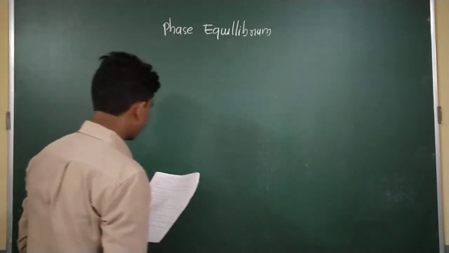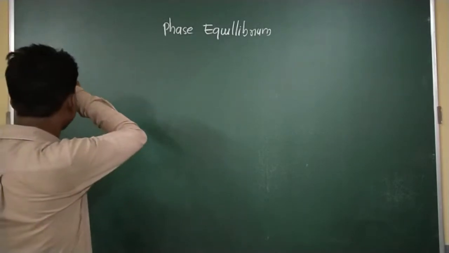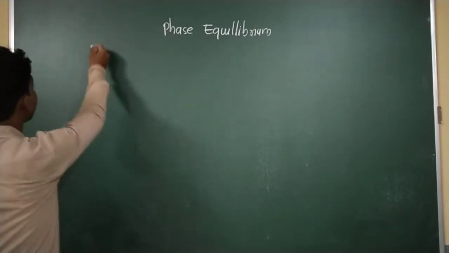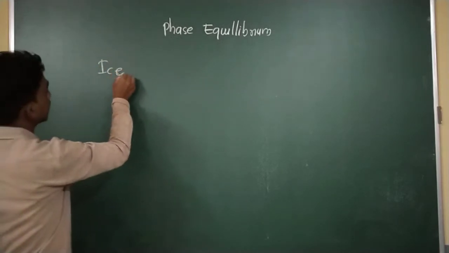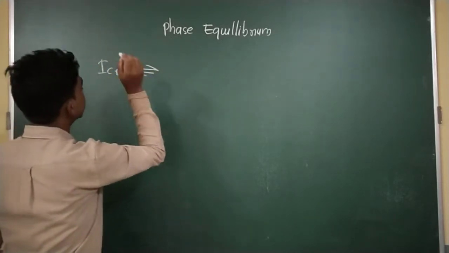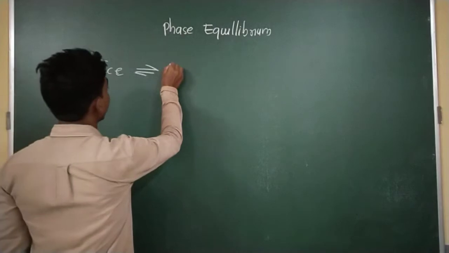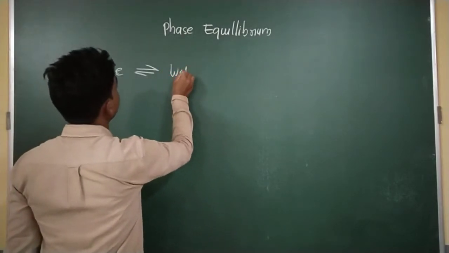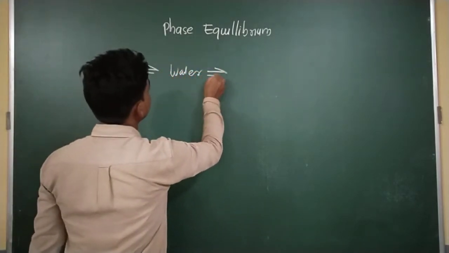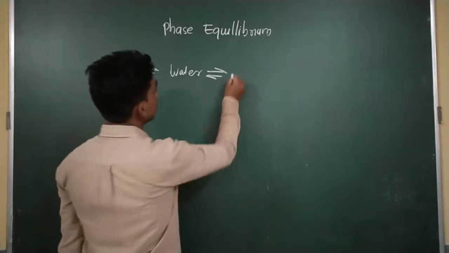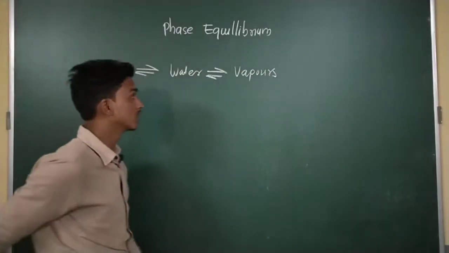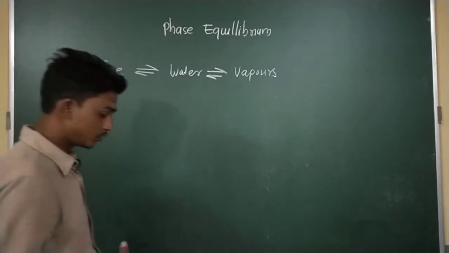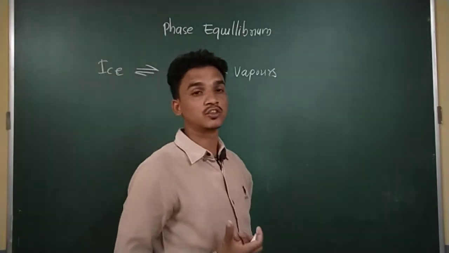Students, as in the last video I discussed this kind of example: ice is converted into water, and this water gets converted into what? Vapor state. Water gets converted into vapor state. As we know, in the universe there are three states of matter.